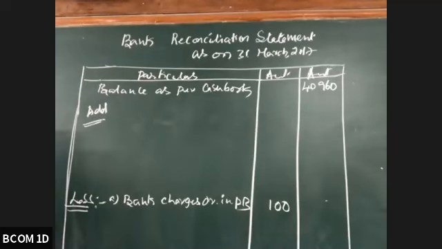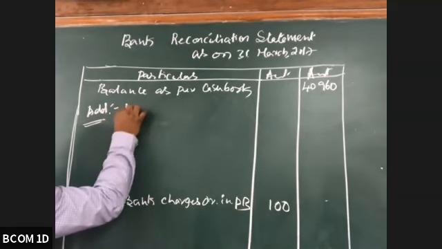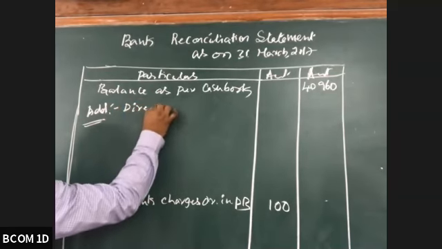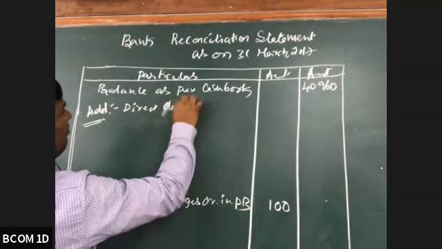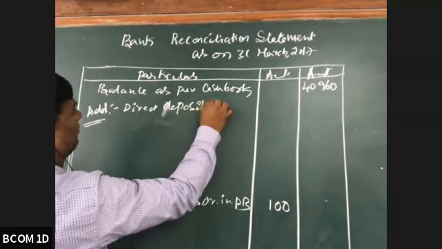Next transaction, please. There is some amount directly paid by the customers into your account. How much? 2,000. So, direct deposit into bank.